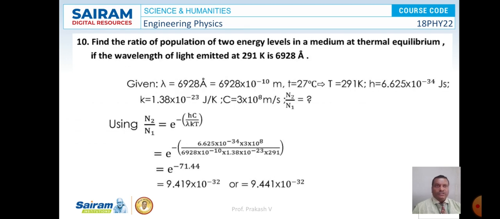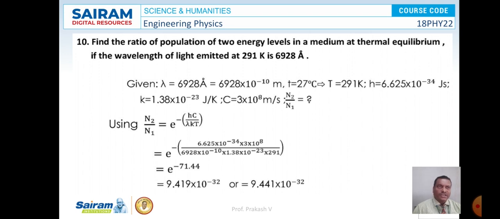Find the ratio of population of two energy levels in a medium at thermal equilibrium if the wavelength of light emitted is 6928 angstrom, at temperature 27 degrees centigrade. So lambda is 6928 angstrom, T is 27 degrees centigrade, that is nothing but 291 Kelvin.